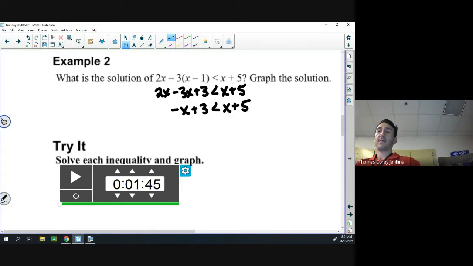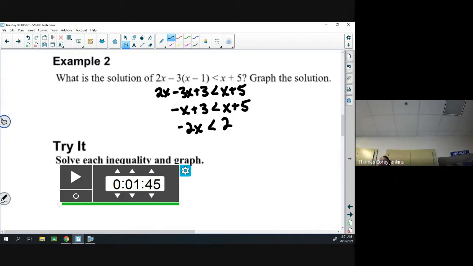All right, so I guess if we want to flip, and you could avoid having to divide by a negative if you add x to both sides, but just so we can see the example, we'll subtract x from both sides and get negative 2x on the left side. Let's go ahead and save us a step here and subtract 3 from both sides as well. That's going to give me less than 2. So negative 2x is less than 2.